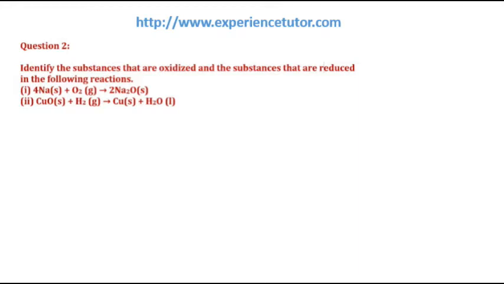So we can write, in the first one, sodium is oxidized and oxygen itself is reduced.